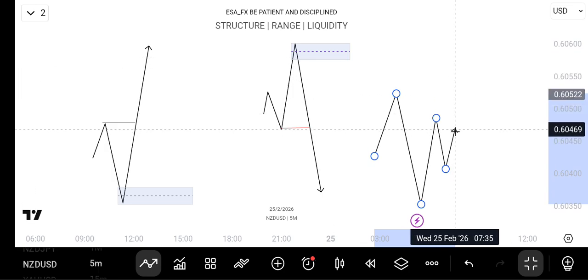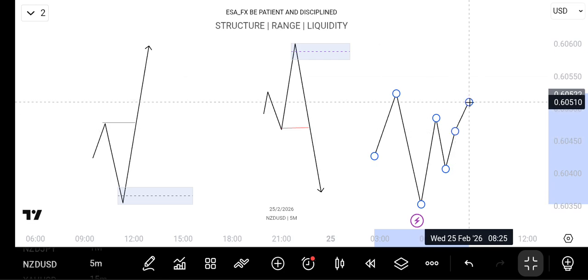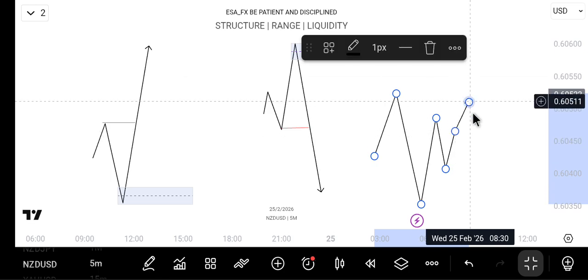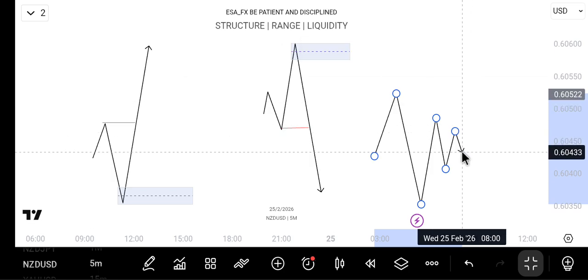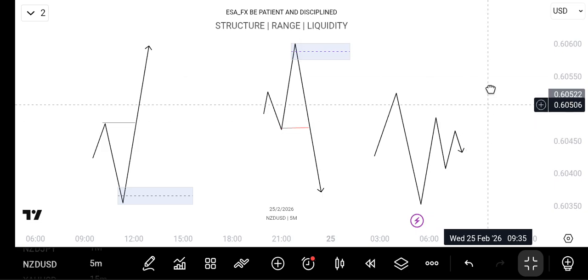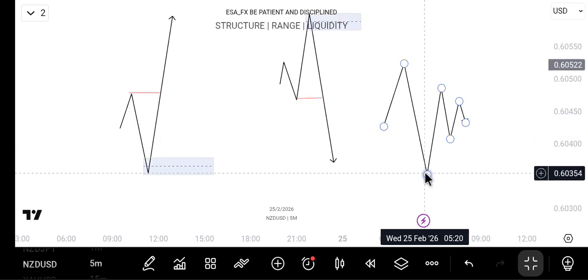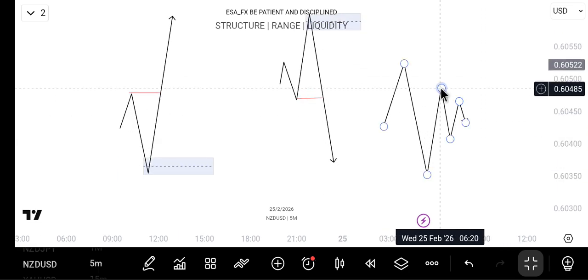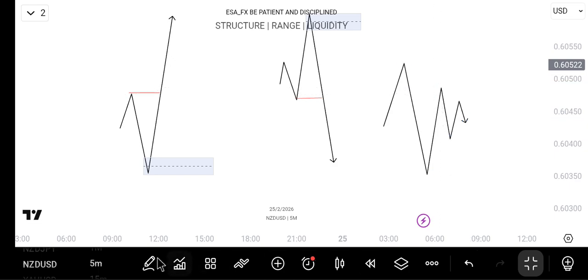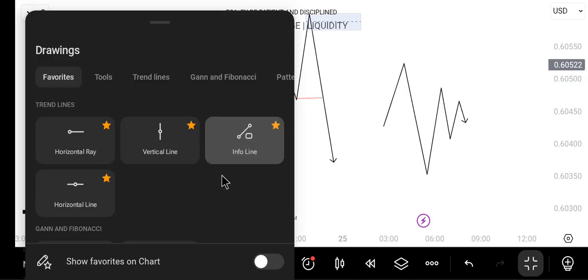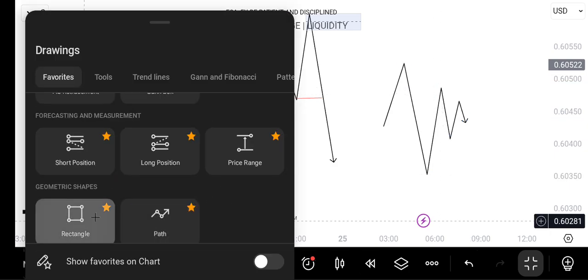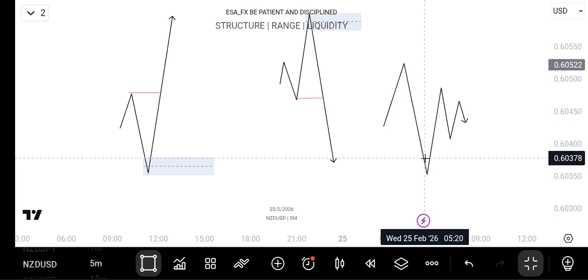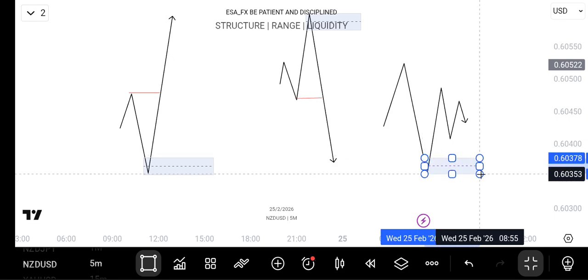Now with this impulsive move from this point to this point, I will not mark the last bearish candle here as my order block.